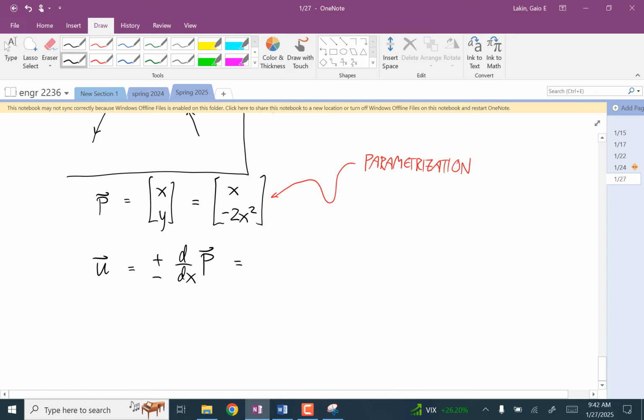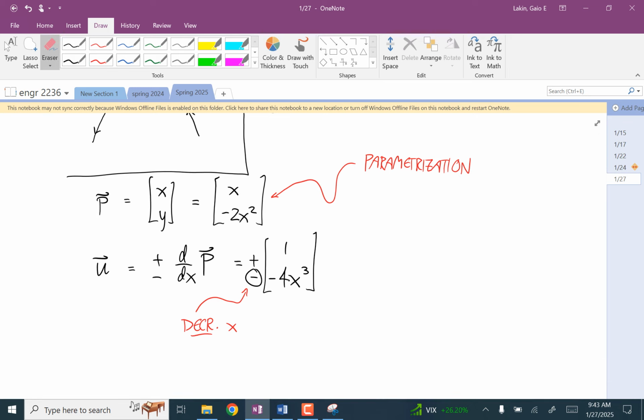And so that's 1 for the x component and negative 4x cubed for the y component. And this time we want the negative because we're going in the direction of decreasing x. Is the derivative not just negative 2x? Yes, thank you. I took my derivative wrong.